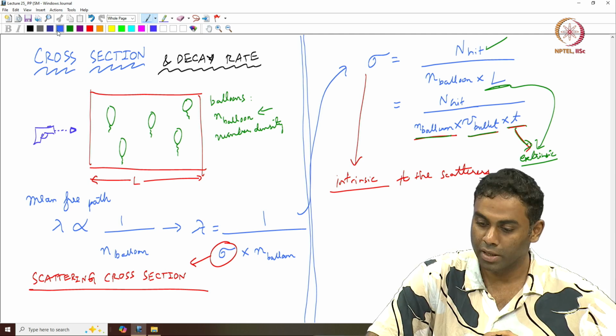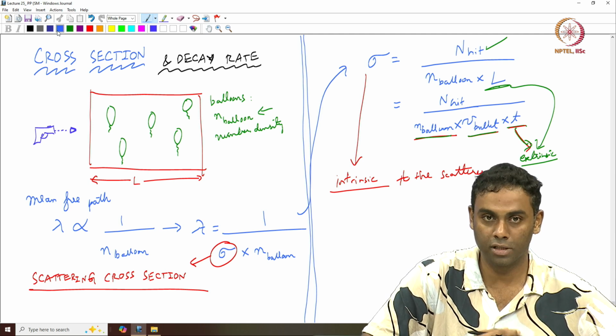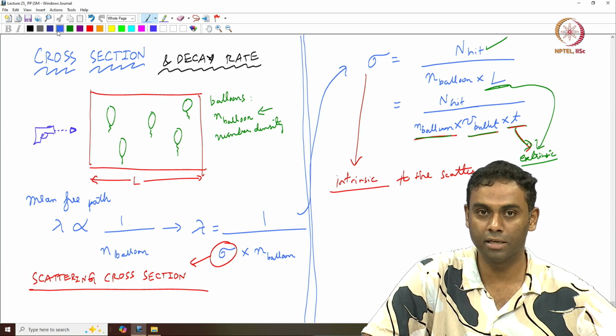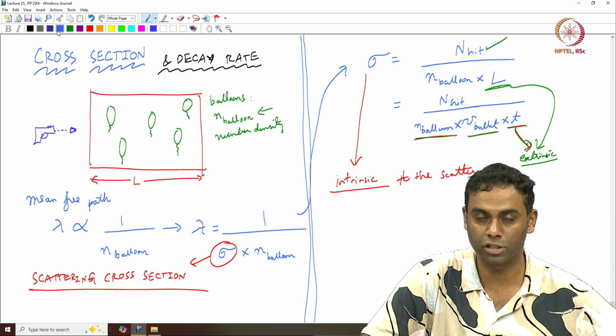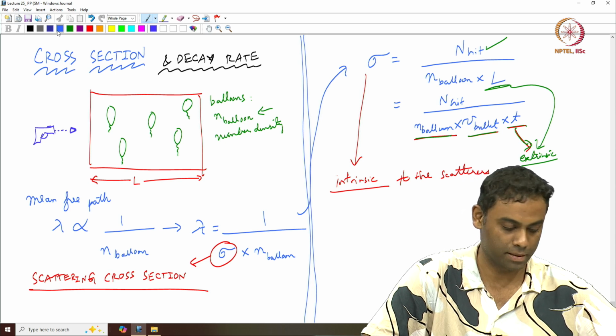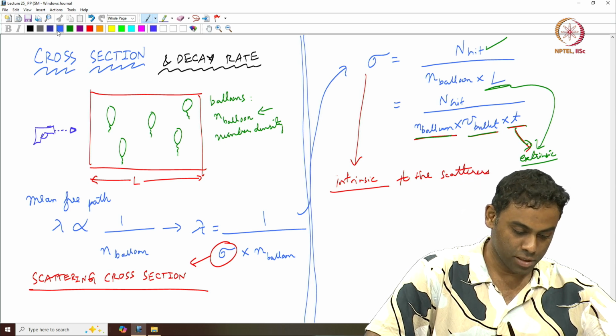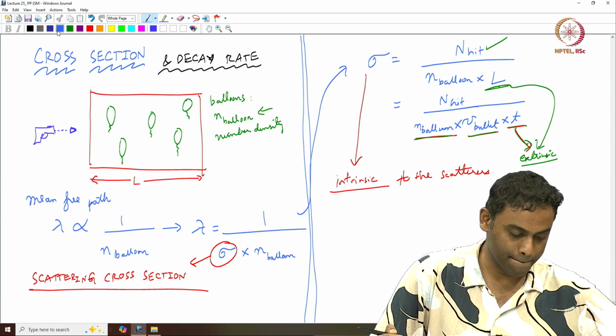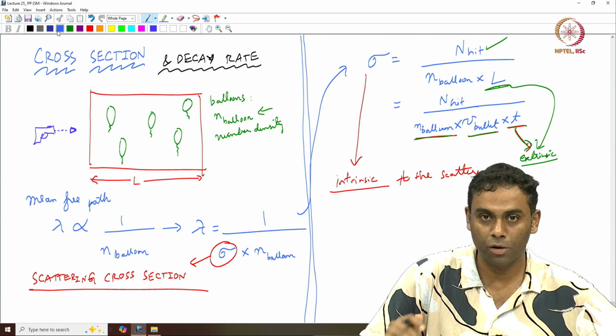Now let us generalize this a little further, and see yet another slightly different version of what the cross section is. All right, suppose you now forget about the balloons.